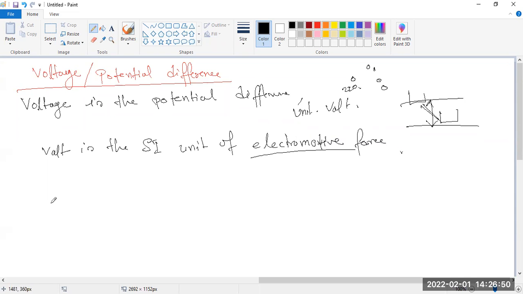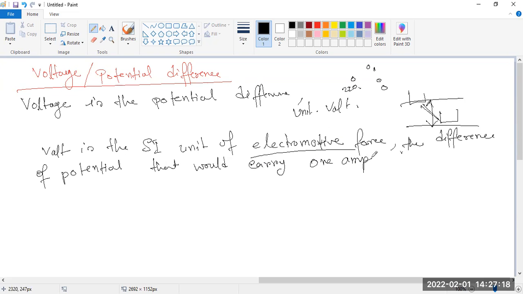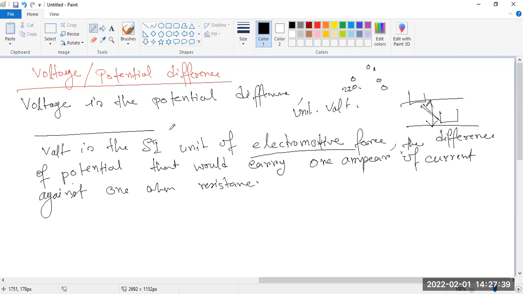The difference of potential that would carry 1 ampere of current against 1 ohm resistance. This is the definition of voltage. Okay.